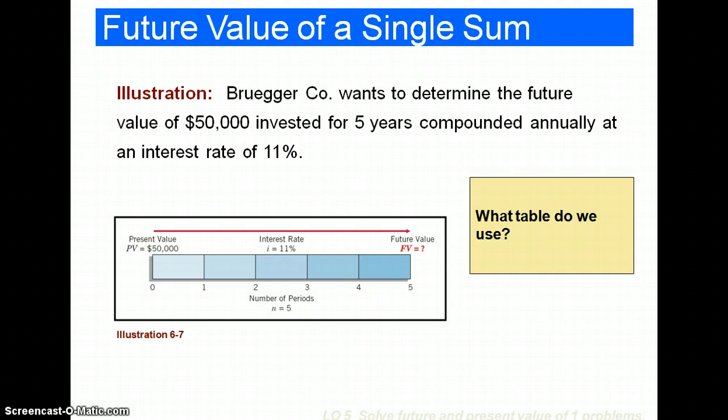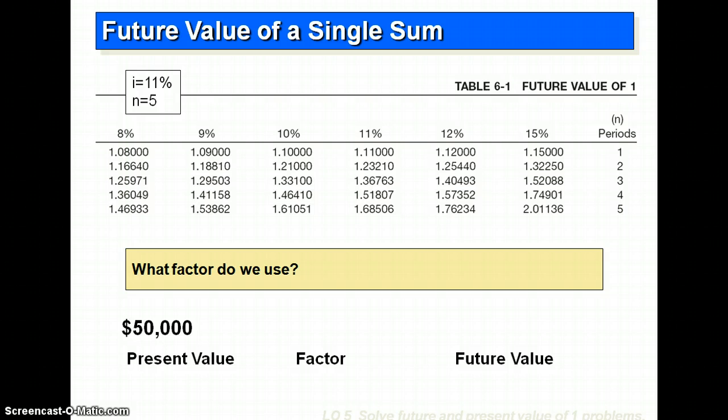So what table would we use? We would want to use our first table, again, the future value of a single sum. Once I find this first table, I want to figure out what the factor is. I'm going to look for 11% and 5 periods.